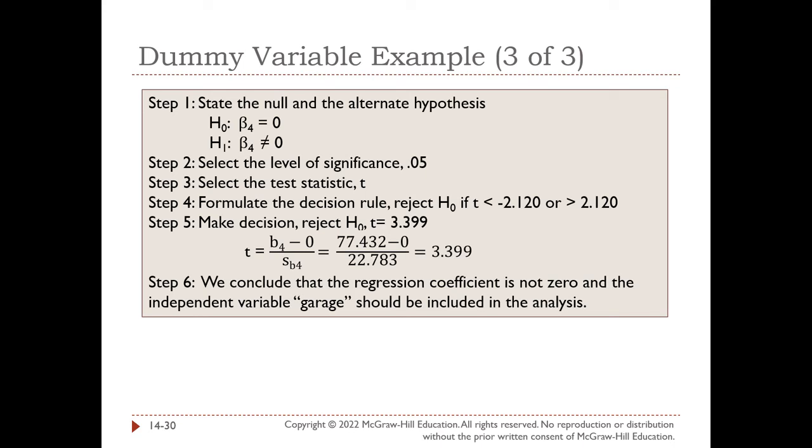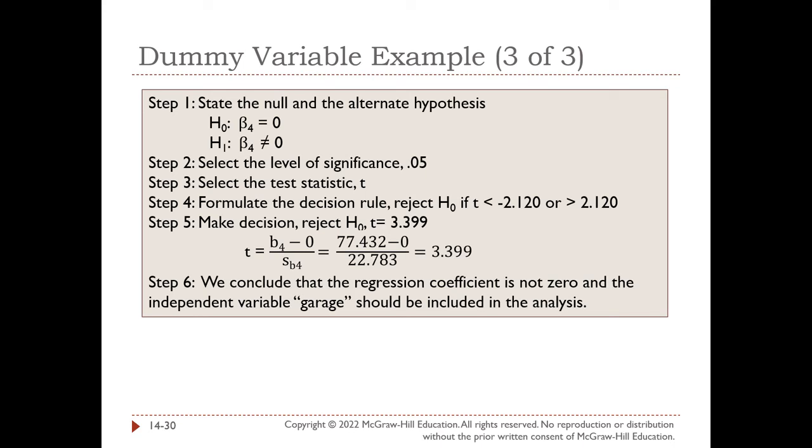And again, we're going to use the level of significance at 0.05. We're going to select the t statistic and formulate the decision rule: reject H null if t is less than negative 2.120 or greater than 2.120.